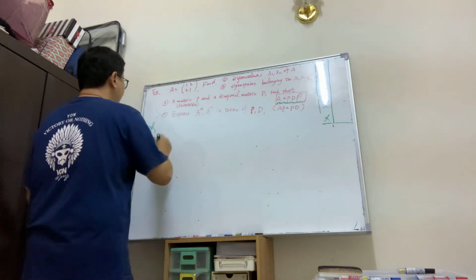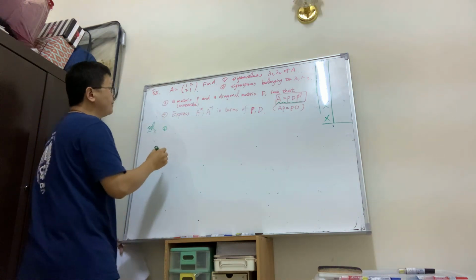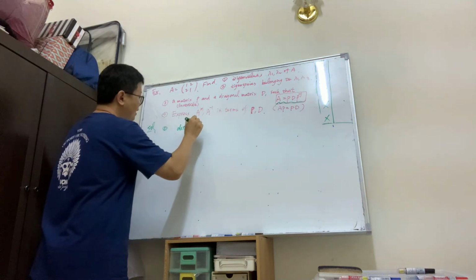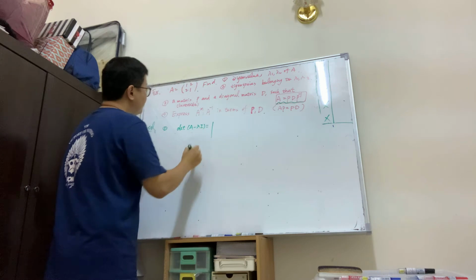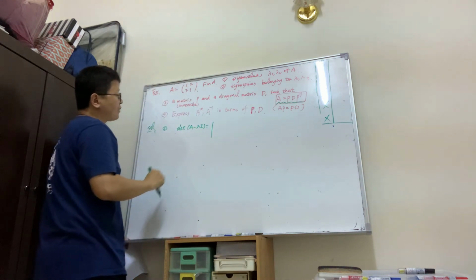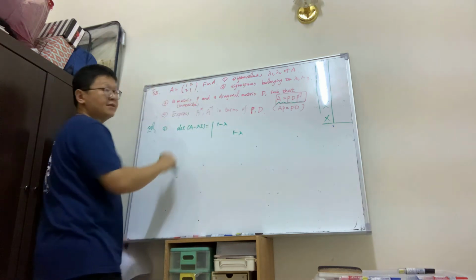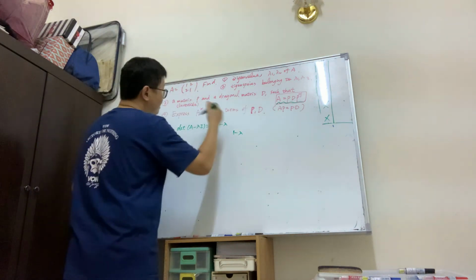Okay, so first step, find its eigenvalues. Just consider the determinant of A subtract lambda. For its diagonal entries we should subtract lambda, so it's 1 subtract lambda, and all the other entries we just keep.